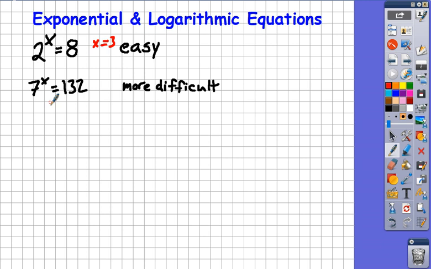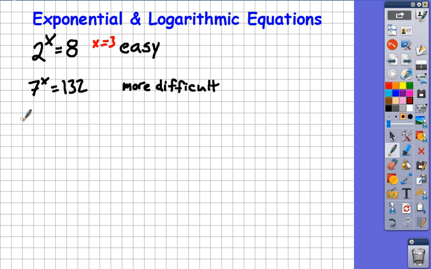This is exactly why we use logarithms, whenever our variable is the power, and of course when it's not easy to do in our head, but we can also solve this one with logarithms. So the whole idea here is, let's go right back to the definition of a logarithm.